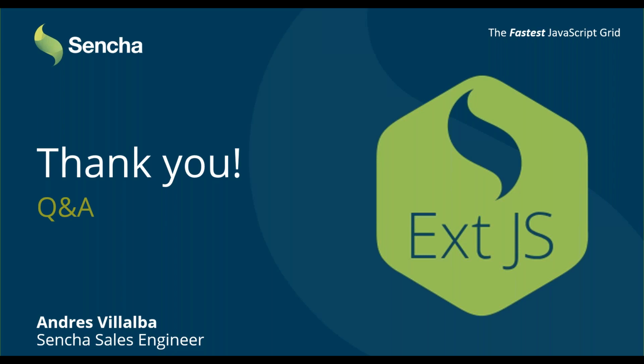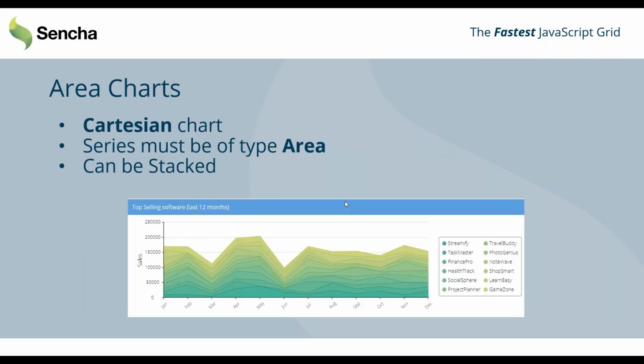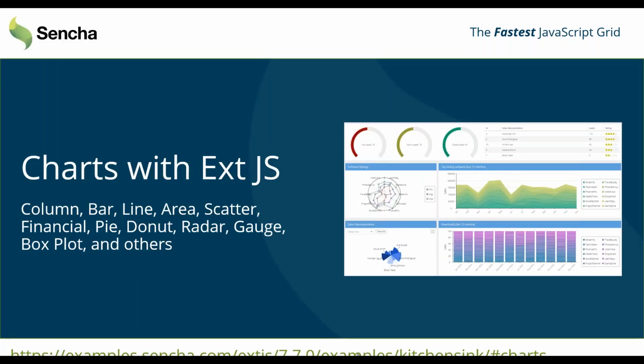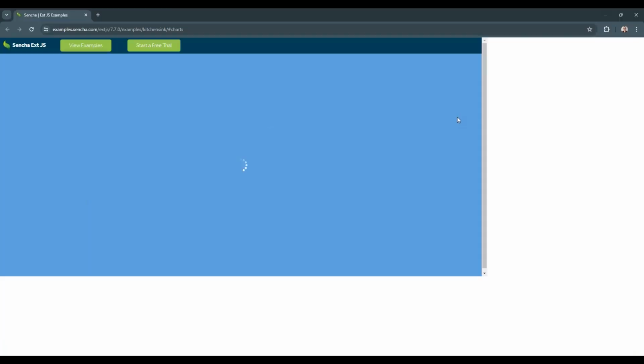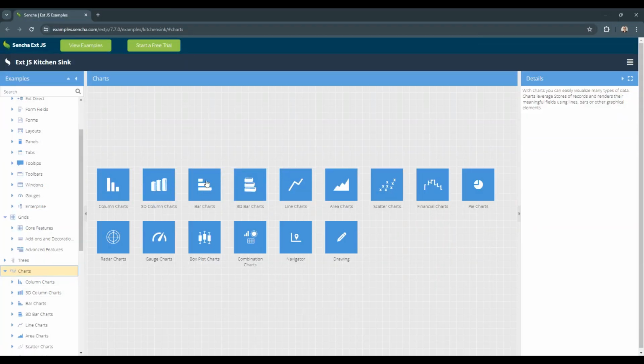I didn't do a 3D chart because we didn't have enough time. Peter is asking me that. However, it's quite similar. If you want to check that out, you can go into our kitchen sink. Remember that I showed you the link before? It's over here. Just go into our kitchen sink, and from there, you can just look at the 3D charts.